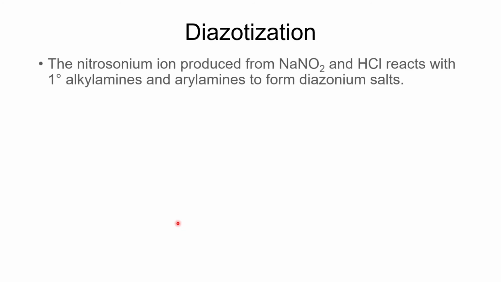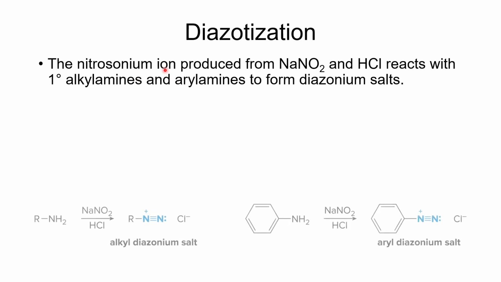In diazotization, what happens is that we convert the amine group into a diazonium salt. So the NH2 will get converted into N2+. Because that has a positive charge, the nitrogen has a formal +1 charge on it.